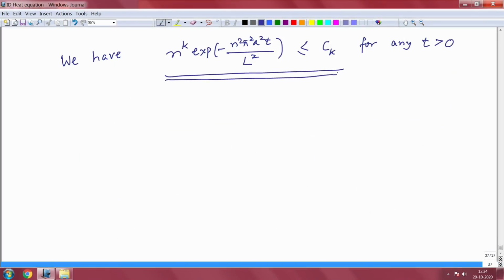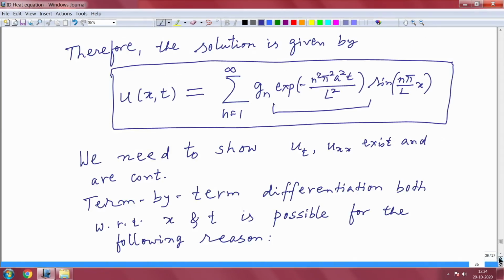And once we do term by term differentiation, we have already seen that this is a solution of the heat equation. So, if you do one differentiation with respect to t one time and differentiation of the sine term 2 times, each of these terms satisfies the heat equation, so does the sum.